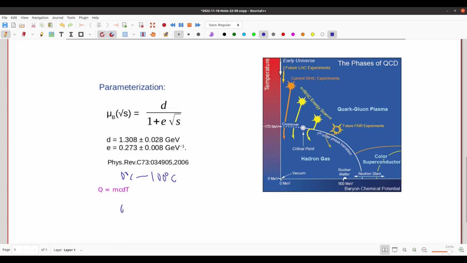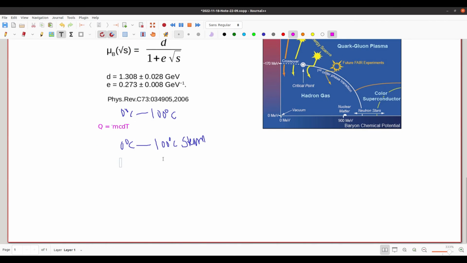But if you want to convert 0 degrees Celsius water to 100 degrees Celsius steam, now it's not water, it's steam. If you use the same formula, Q equals m c delta T, where m is the mass and c is the specific heat, then this theoretical calculation will not match the experiment.